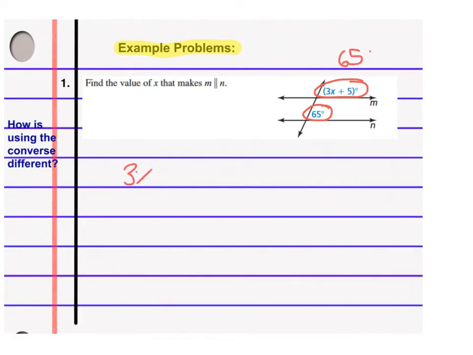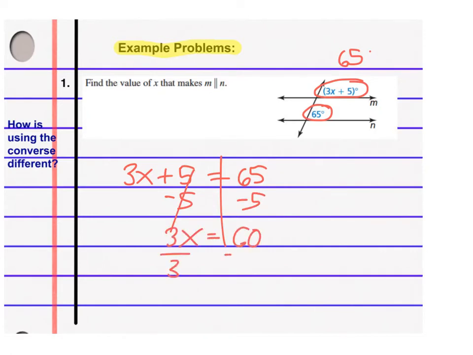So I need to set 3x plus 5 equal to 65 and solve. So I subtract 5, 3x equals 60, I divide by 3, and x is 20. So if x is 20, that would make line M and line N parallel because the corresponding angles would be congruent.